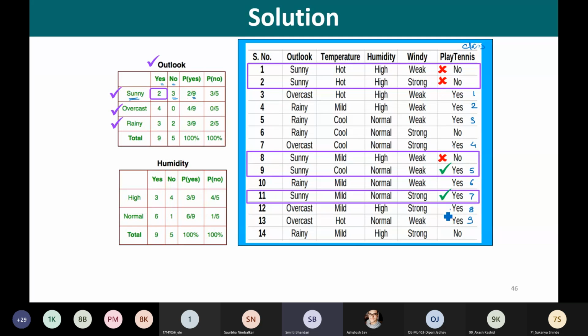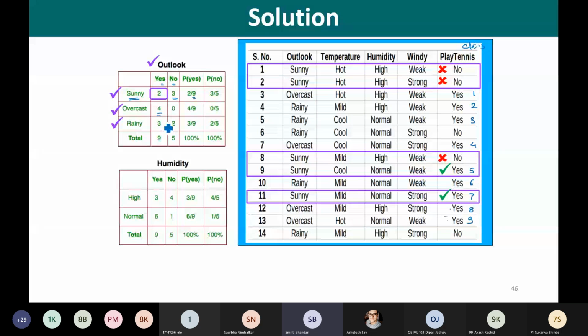So here we have overcast and play tennis yes, 4 instances, and we do not have any instance such that outlook value is overcast and play tennis value is no. So we have the value 0 here.